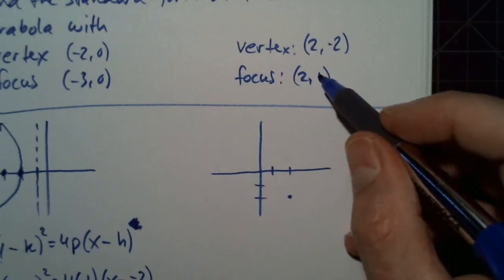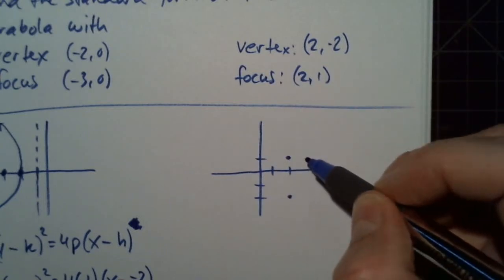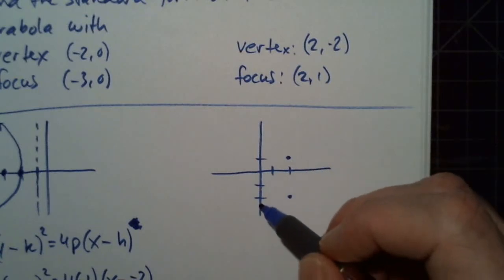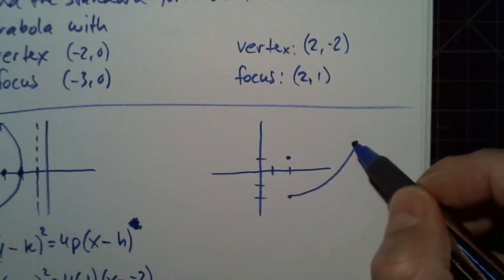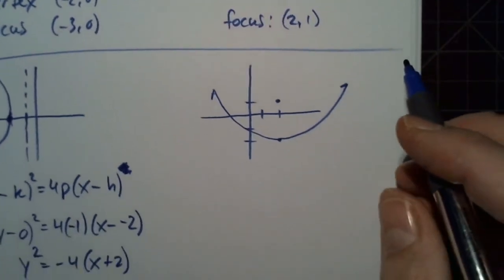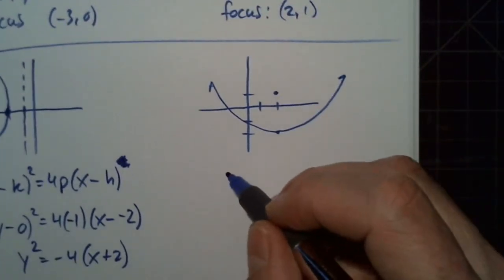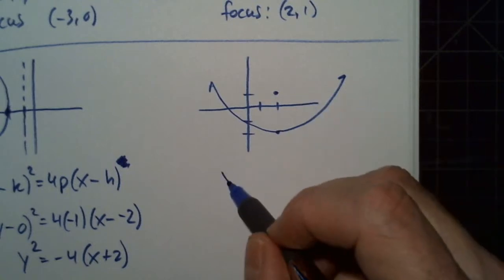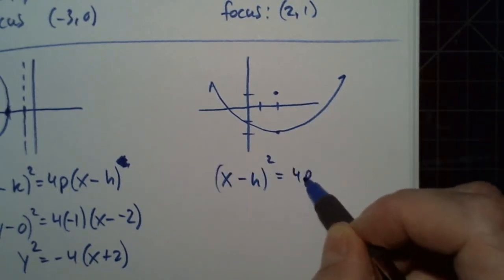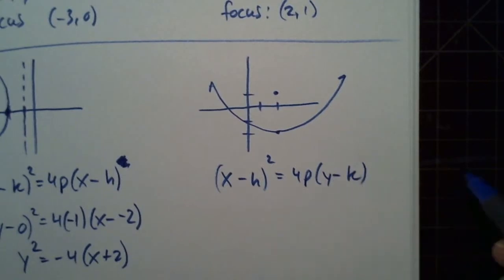Vertex, focus is over 2, up 1. And the directrix would be down here. We know that the parabola is opening upwards around the focus. So it's opening vertically. That means we need x minus h squared equals 4p y minus k.